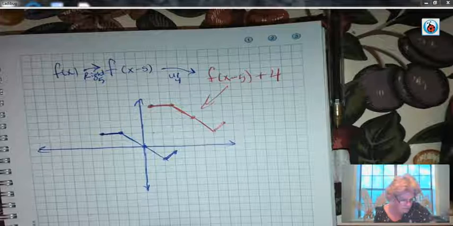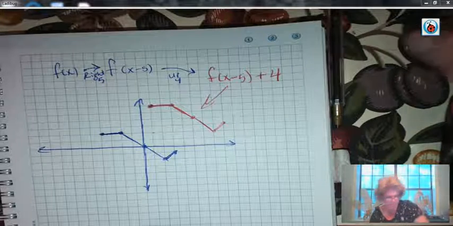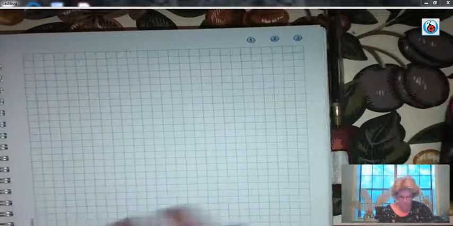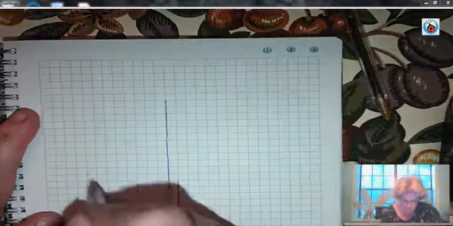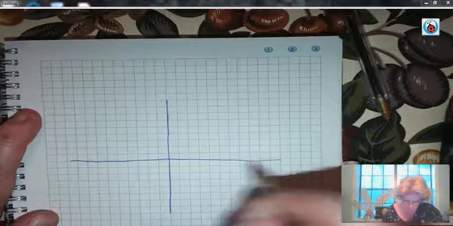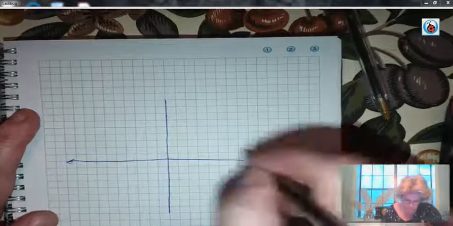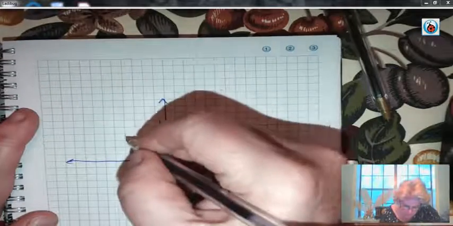If I use the same model, I have my last one. So this is my f of x.